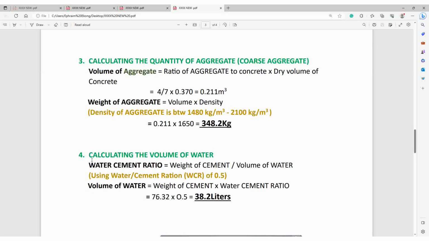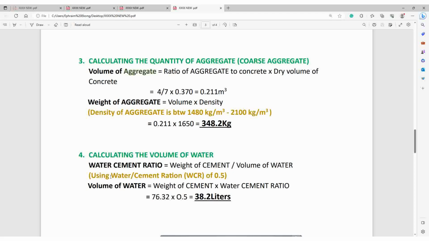So let's go to calculating the volume of water. In order for us to get the right quantity or amount of water to use in this work, as we earlier said, we have some little calculations, which is water cement ratio is equal to weight of water divided by weight of cement.